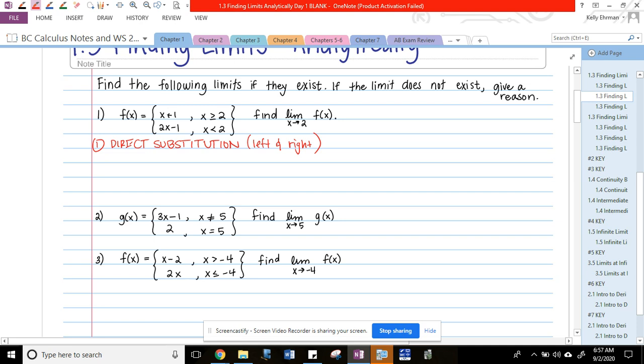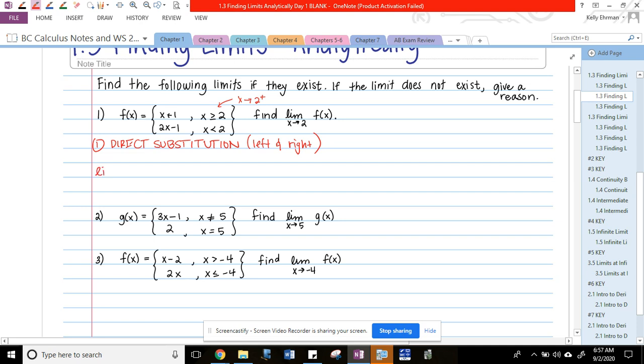And so what we're looking for is that the limit as we approach x from the left is the same value as the limit as we approach x from the right. So starting on, let's see, these are x values greater than 2. So this is like 2, 3, 4, 5. So this first part would be we're approaching 2 from the right, because these are all values to the right of 2.